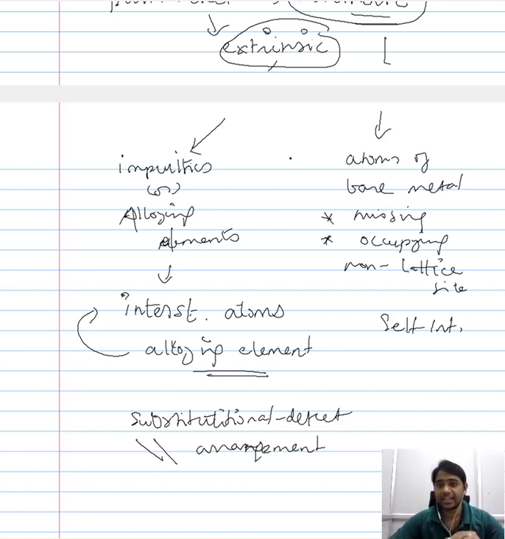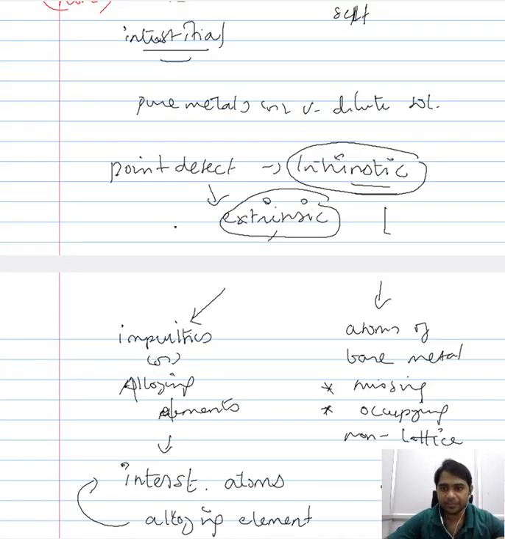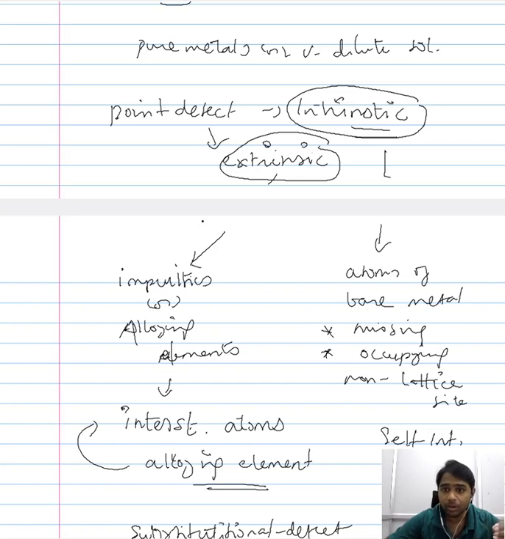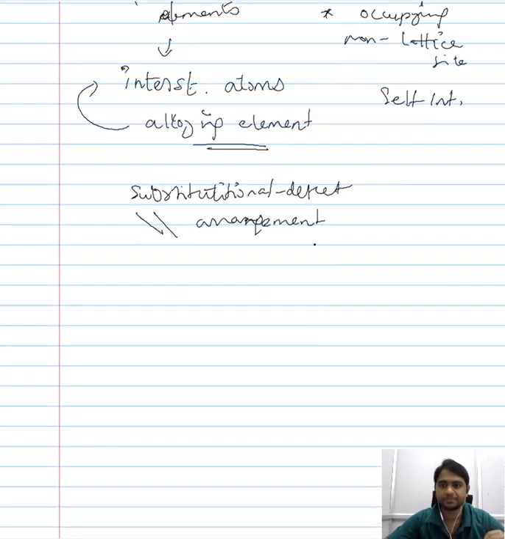So this again depends on the size of the atoms of the alloying element. So depending on the atomic size of the alloying elements, we have extrinsic interstitial defects and extrinsic substitutional defects. So these are the different forms of point defects that we observe depending on the composition of the crystalline material. So extrinsic is only possible when you have a sufficient amount of alloying element or impurities.